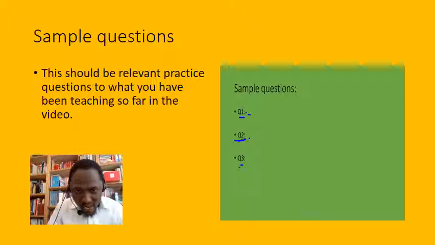And then here I'll put a more advanced level question, so that I'll make provision for all the groups of learners that I assume will be watching this particular video, for instance.